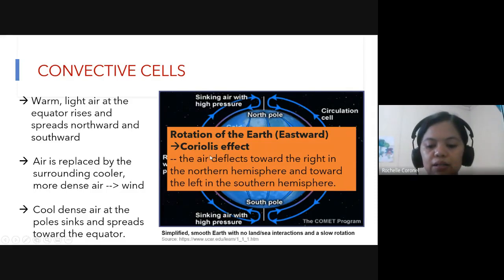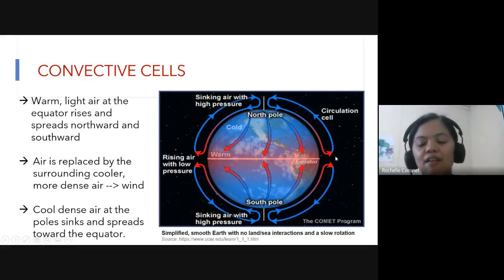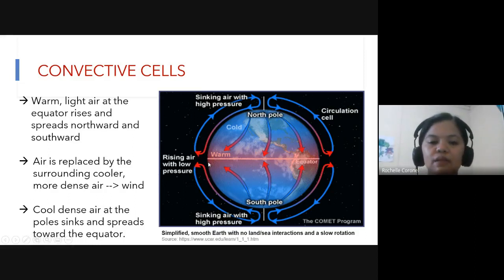There are other mechanisms, but basically this is how the convective cells, or atmospheric convective systems, are formed. You have a low pressure area that rises, and that rising air brings moisture with it, which eventually cools down and forms convective clouds.